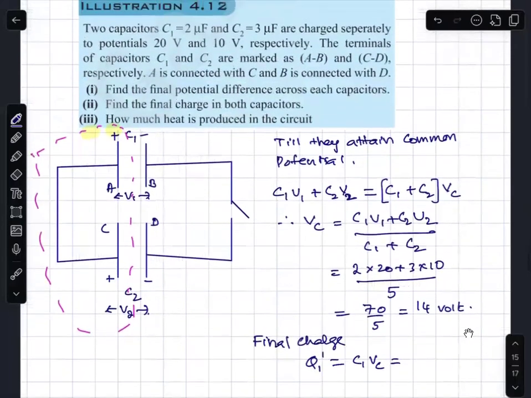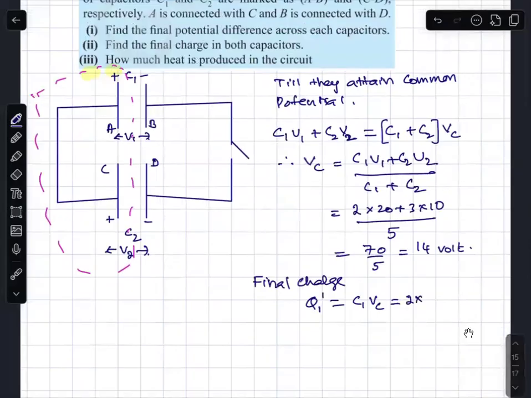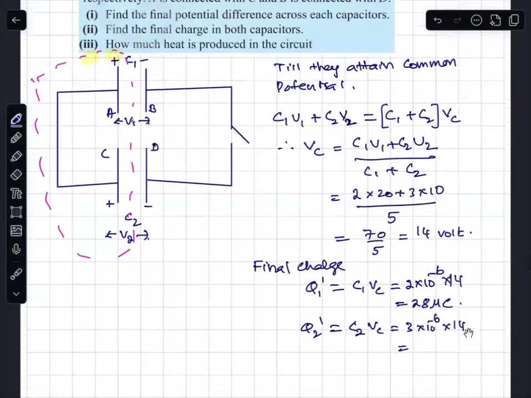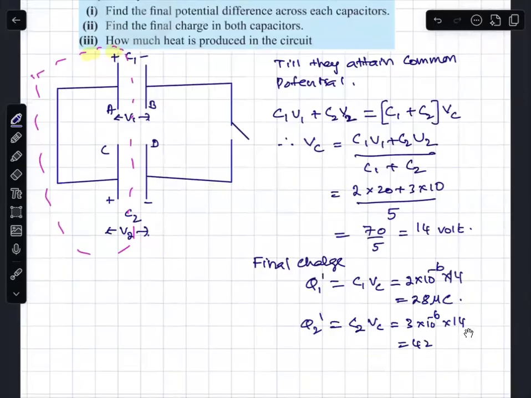What is C1 again? 2 microfarad into 14, which is nothing but 28 microcoulomb. Q2 dash is C2 V common, which is nothing but 3 into 10 power minus 6 into 14. 3 14s, 42 microcoulomb.